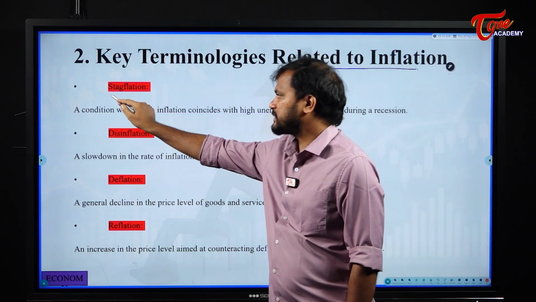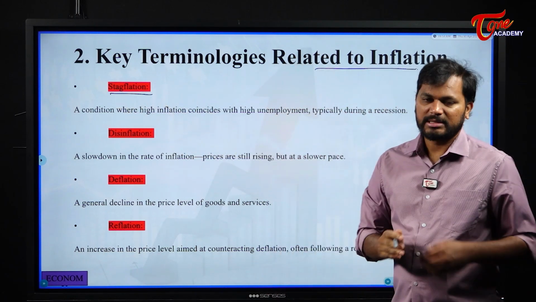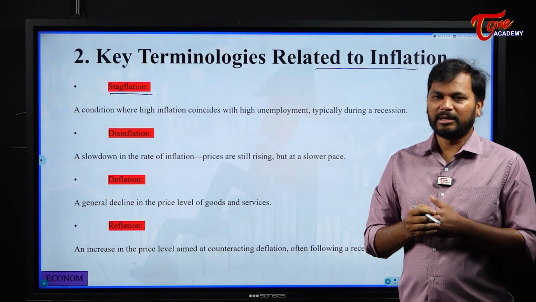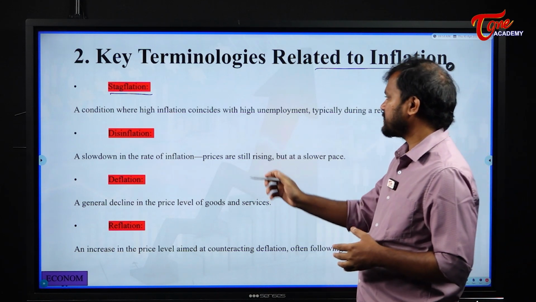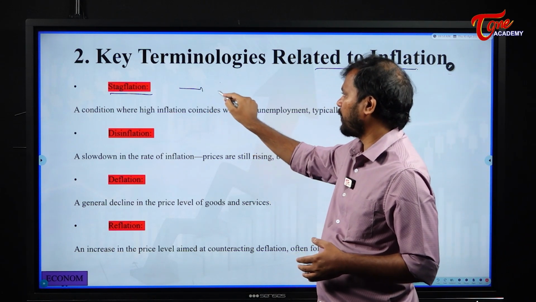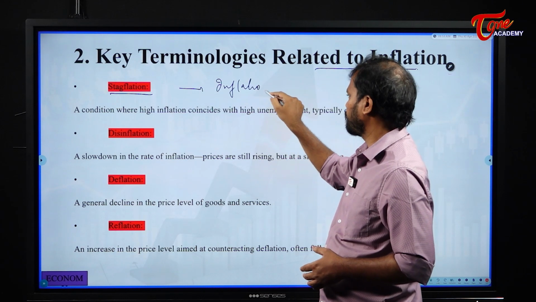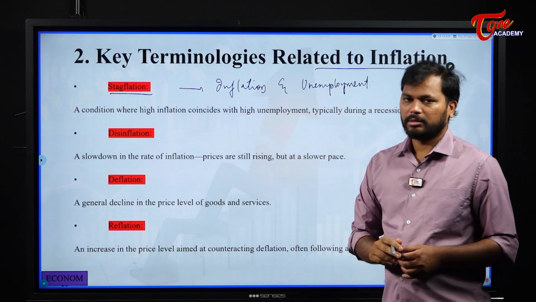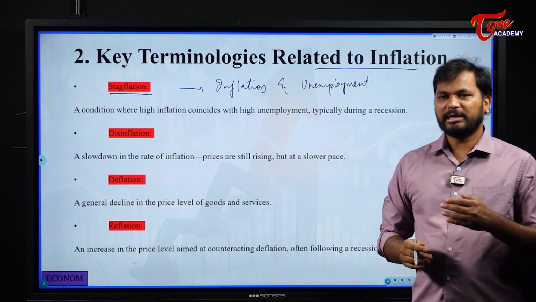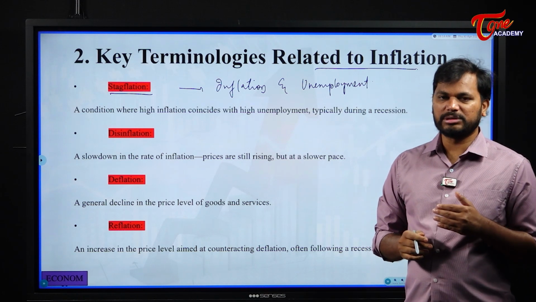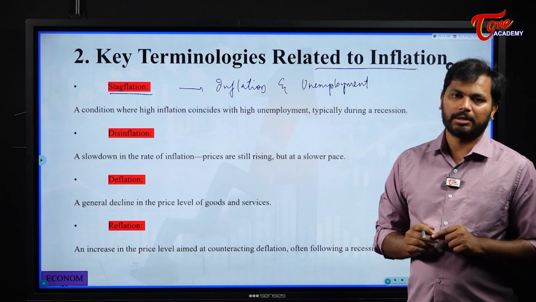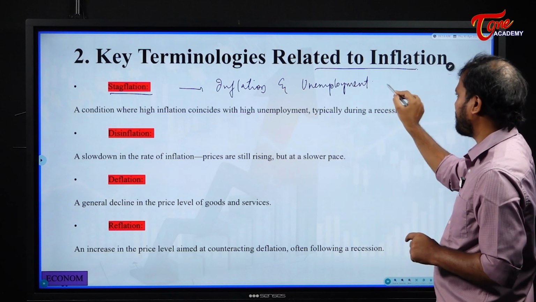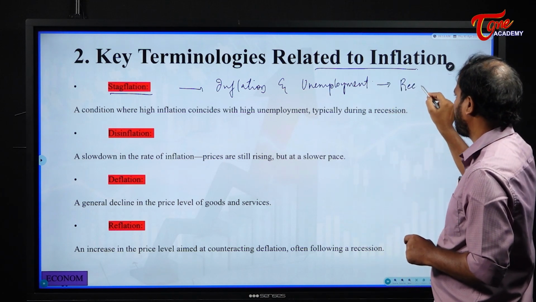Next, key terminologies related to inflation. First one is stagflation. Stagflation is nothing but a situation where there is inflation and unemployment. There is inflation, increased prices of goods, but there is unemployment, and this especially happens during recession.